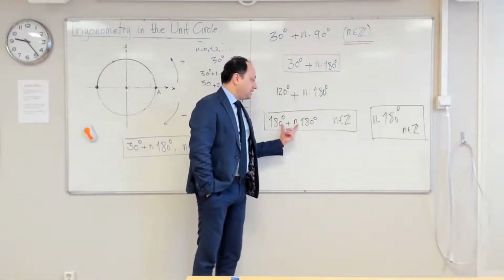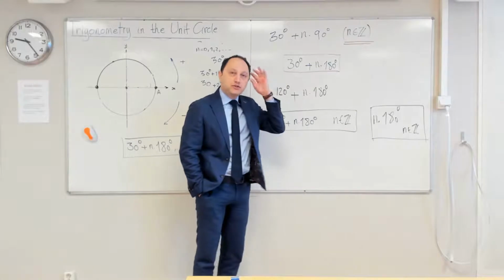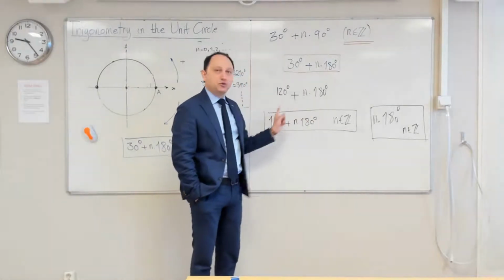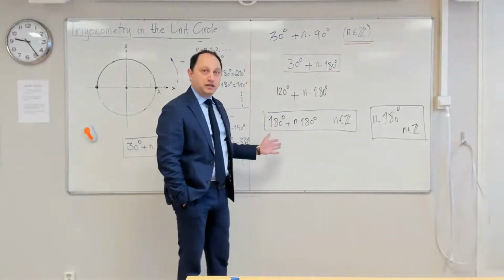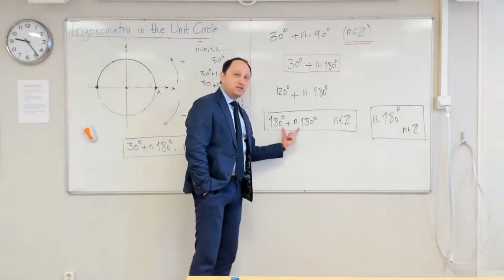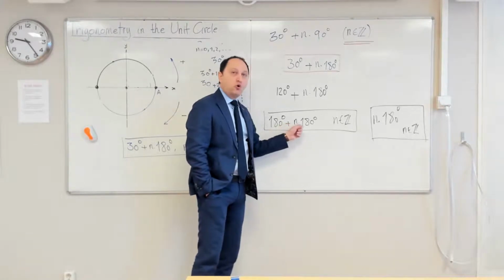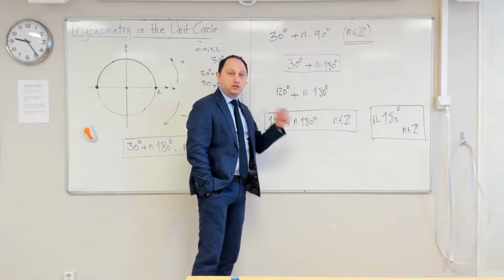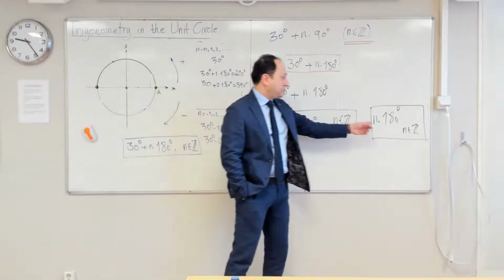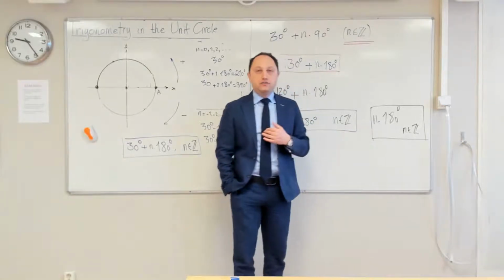If you find this answer and you see that the book has written that answer, you need to understand yourself that they are equivalent. Because in trigonometry, in this topic, the explicit form doesn't matter. What matters is which points this formula is generating on the unit circle and which points that formula is generating on the unit circle.